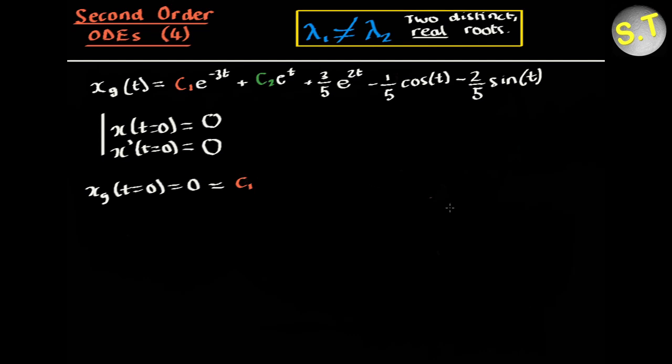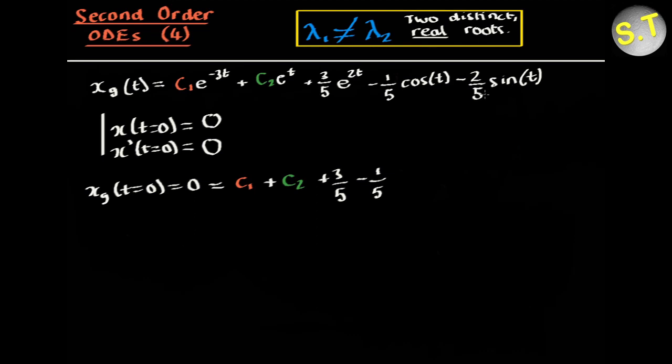So we just have c1 here, plus c2 e to the 0, which is just c2, plus, and again e to the 0 is just 1, so 3/5 times 1 is just plus 3/5, and then the cosine of 0 is 1, so minus a fifth times 1 is just minus a fifth, and the sine of 0 is 0.